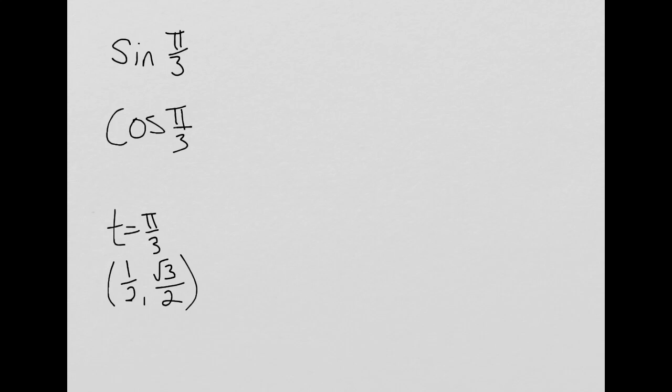So the sine is the y-coordinate: sine evaluated at pi over 3 is square root 3 over 2, and cosine is 1/2. We can evaluate all the others.